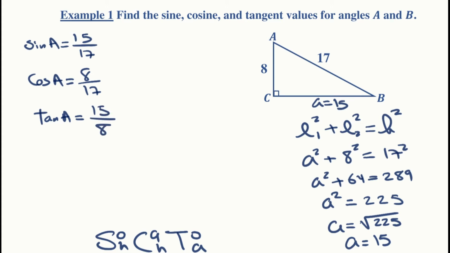All right, so that's how we handle those. You should pause the video and go ahead and get the values for b, sine of b, cosine of b, and tangent of b, and then compare your answers to mine when you come back.